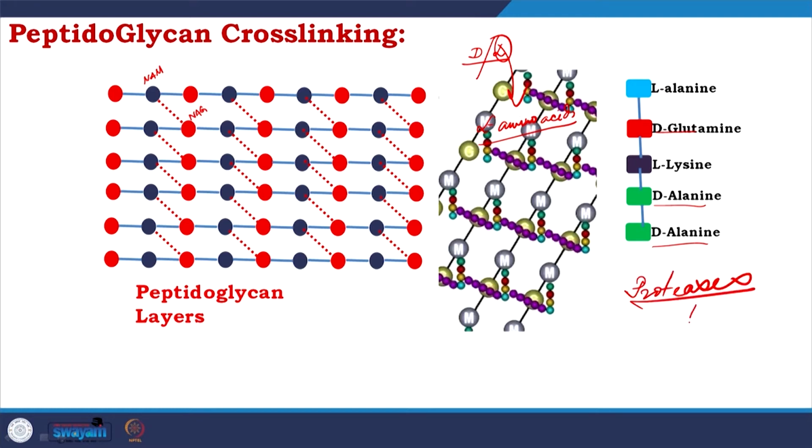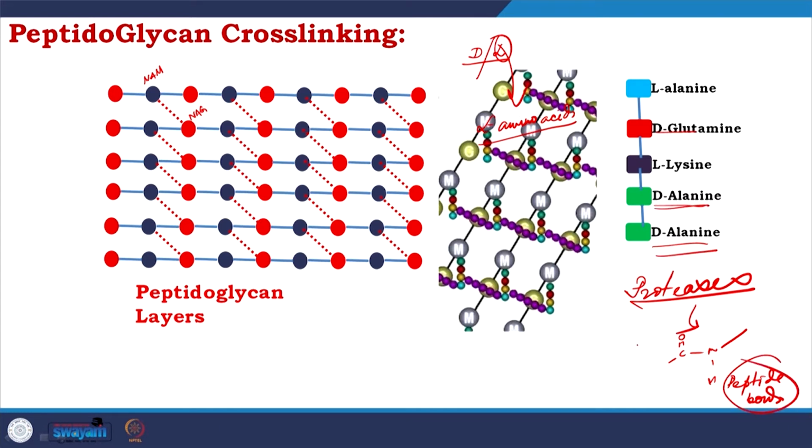What do proteases do? They cut the bond between two amino acids, which we are going to talk about, called peptide bonds. But with the presence of opposite chirality, they are not supposed to cut it.